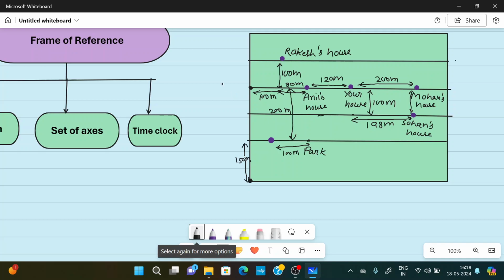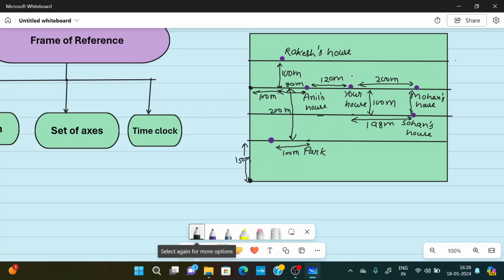So by choosing this left corner as the point of reference, or origin, you can describe the position of your house in a single way to every person who is living in this street and who knows about this reference point, and this reference point is also called origin.